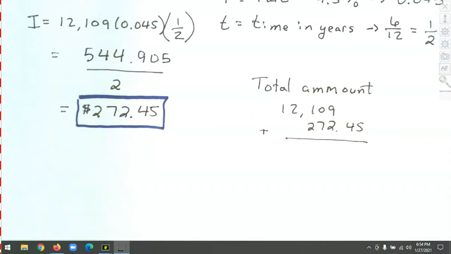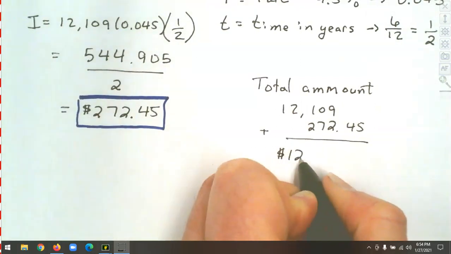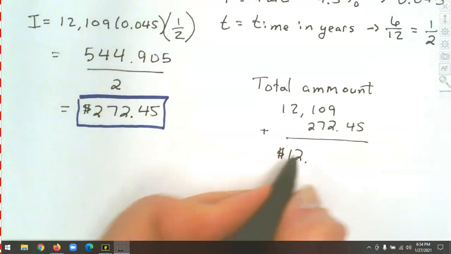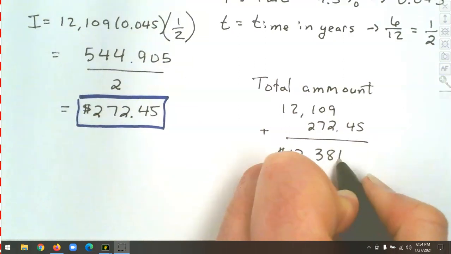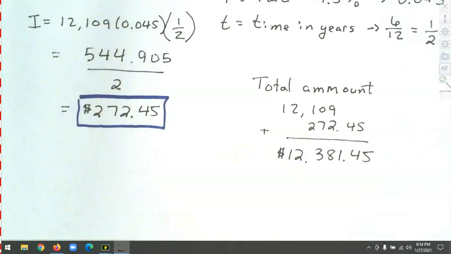Adding those together, we get our total amount to be $12,381.45.